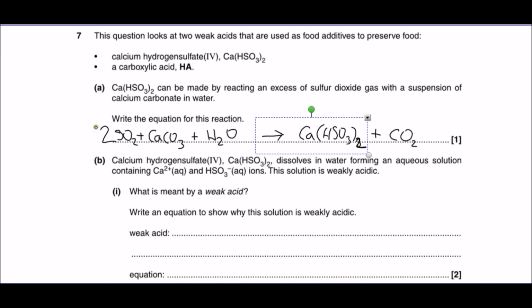So if you get stuck on this type of question, leave it and come back to it if you've got time at the end. Because you've got to weigh up the benefits of getting this 1 mark versus getting on to the rest of this question and the final question on transition elements. However, this is our balanced equation that we'd end up with, and now we're going to carry on.